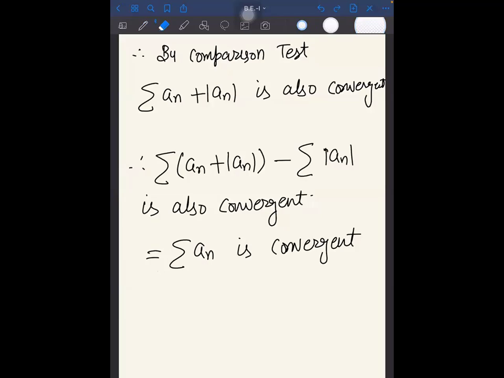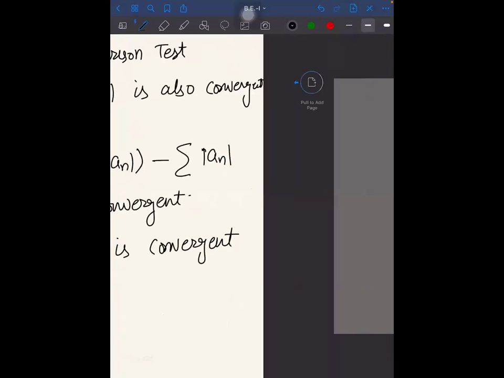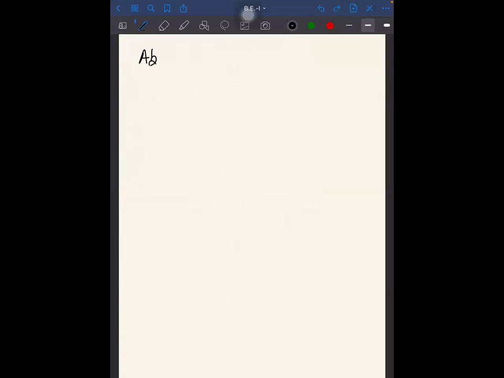Okay. So what I'm saying is, now keep in mind, absolute convergence implies simple convergence. Right?